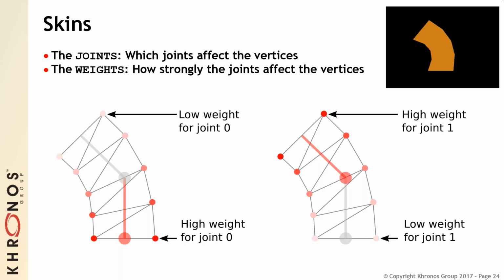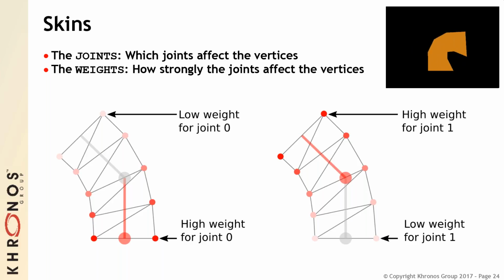And the effect will be that when you apply a transformation to the skeleton bones, or to the nodes that are the joints between the skeleton bones, then the mesh geometry will move accordingly together with the skeleton.